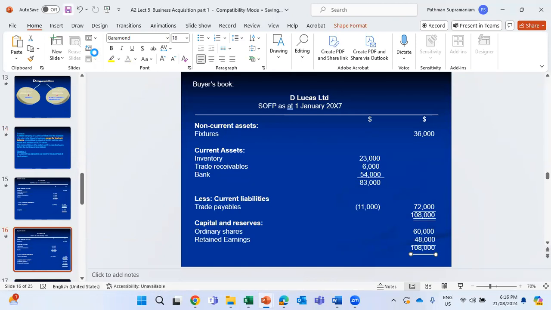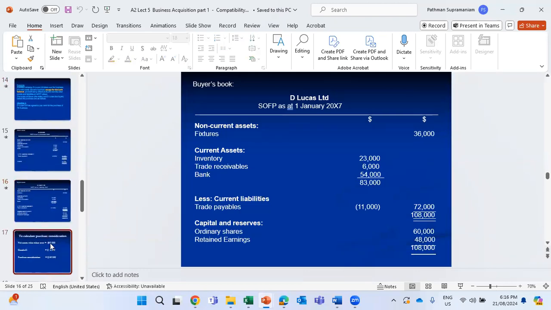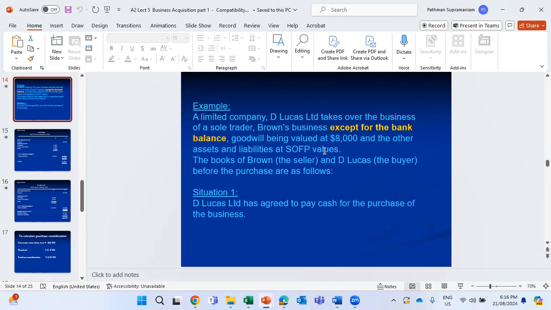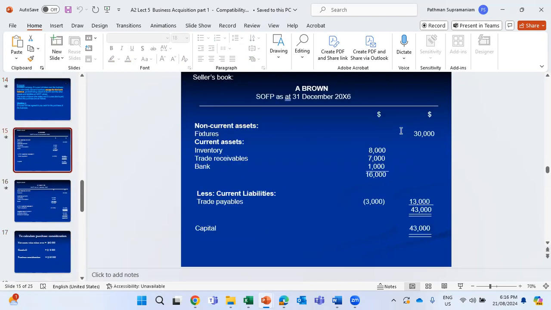Now what we have to do is calculate the purchase consideration. That's the first thing. The fair value of net assets taken over is 42,000. I reminded you just now, if no fair value is given, then we follow the value given in the seller's SOFP. So these are the values.